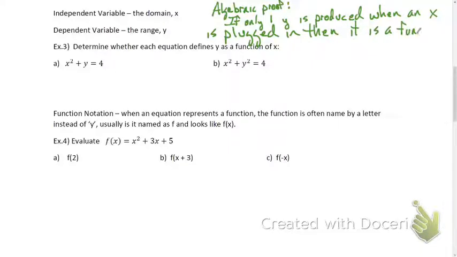Now I'm going to show you an easier way to do this than algebraically, but anyone interested in not picking up a calculator and just looking at this thing, this is how you do it. So first off, solve for y. Then plug in a value for x.